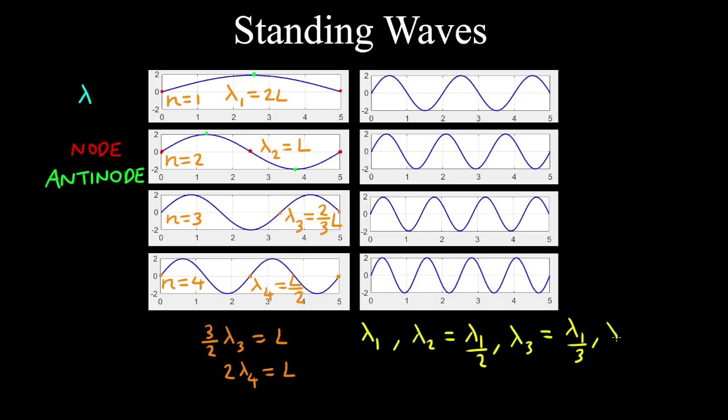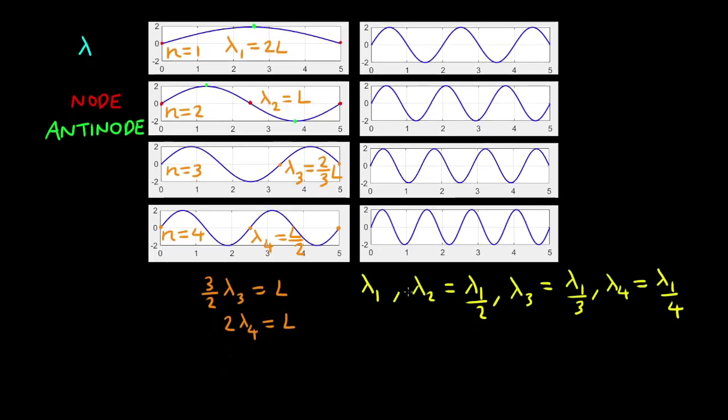And similarly, lambda 4 is L on 2, or 2L on 4. So if we take the fraction of lambda 1, we can write this as a harmonic sequence. So we have 1 lambda 1, 1/2, 1/3, 1/4, and so on. So you can see where the harmonic series comes from, if you've taken calculus.